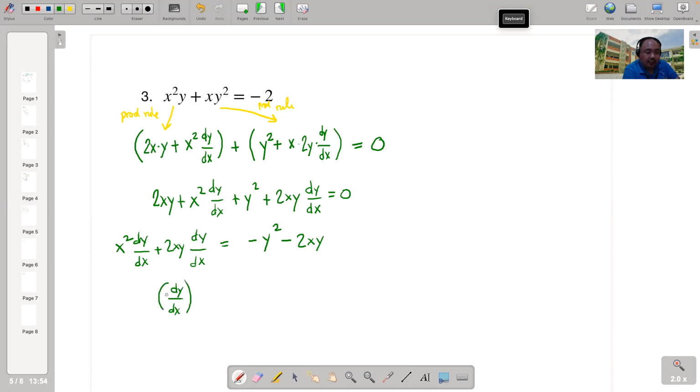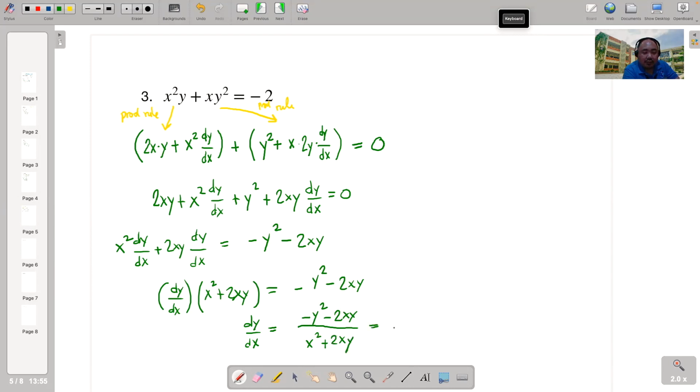And we are left with x squared plus 2xy is equal to negative y squared minus 2xy. And to finish this off, we have dy/dx is equal to negative y squared minus 2xy all over x squared plus 2xy.